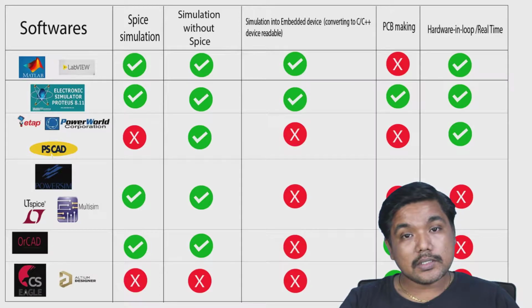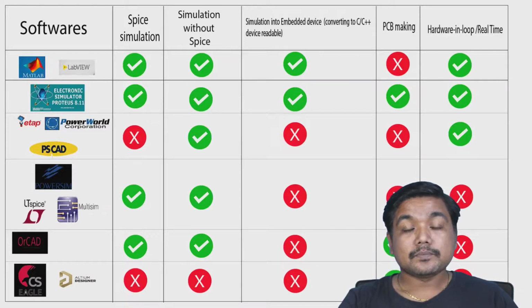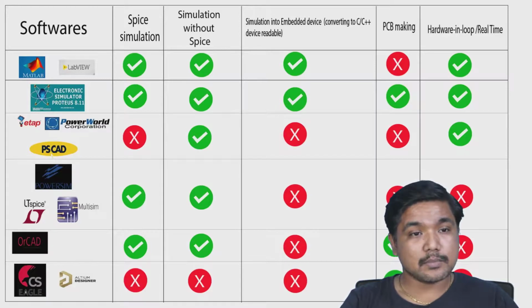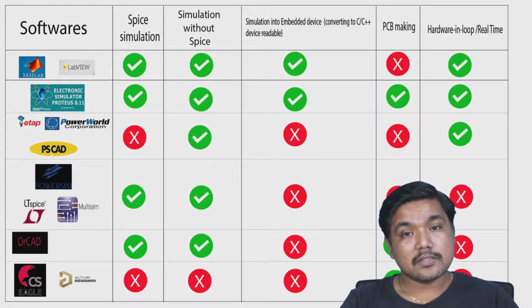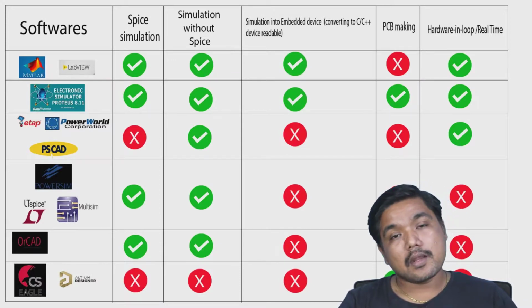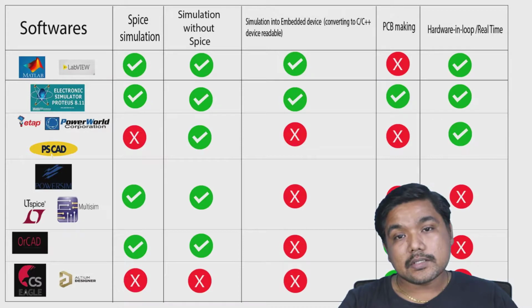The third one is if you want a simulation that works in simulation and, when you dump it into hardware, the hardware should work like the simulation. PCB alone, you can go for the fourth category. And if you need simulation with real-time hardware, you can go for the fifth category.